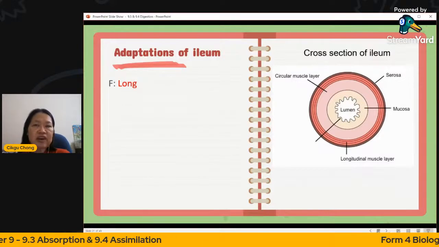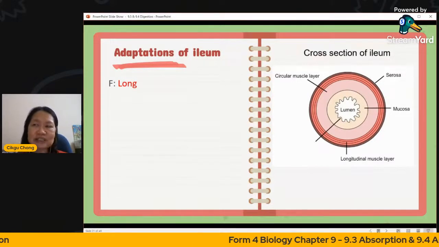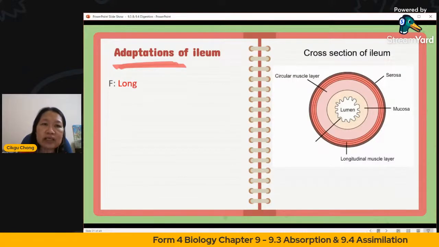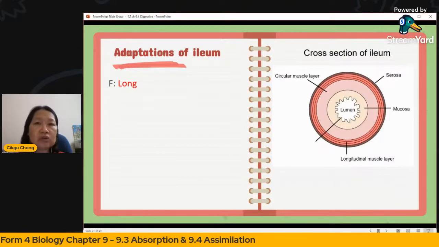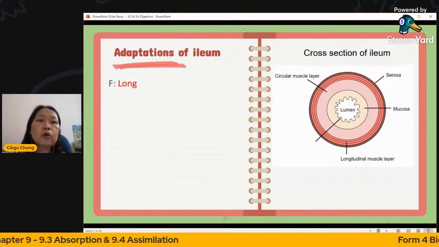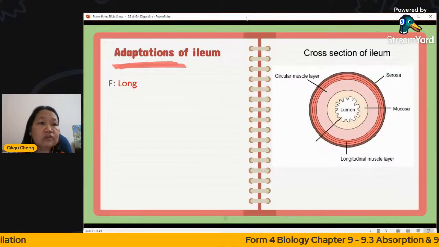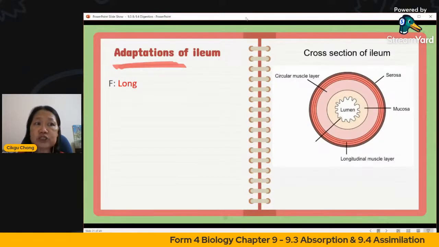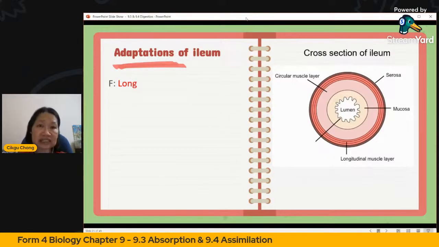That means there is very little chance for it to escape being absorbed. It starts from the beginning and goes all the way down, a long way to go. So it ensures that all the nutrients that are supposed to be absorbed will be absorbed eventually when it reaches the end. Rather than a short one, a long one will make sure that no nutrient escapes.